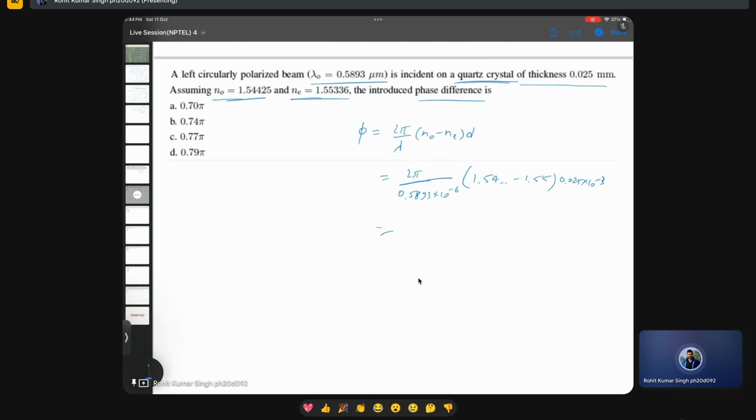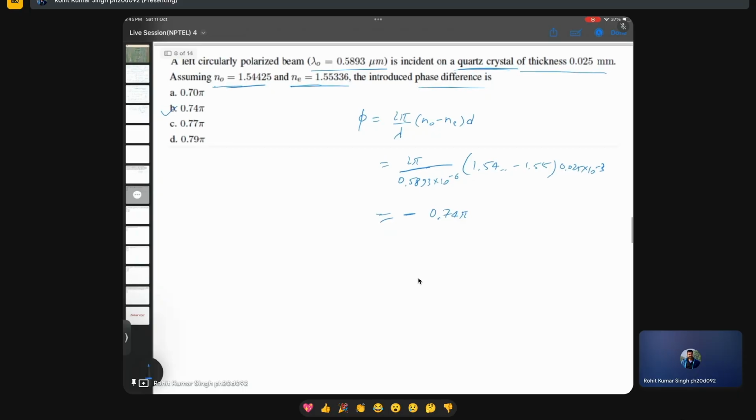You will get a negative value, but it doesn't matter because we are looking at the difference. The phase difference you can always take the mod of, so it's a positive value. If you calculate it, you will get 0.74 pi. So option B is correct.